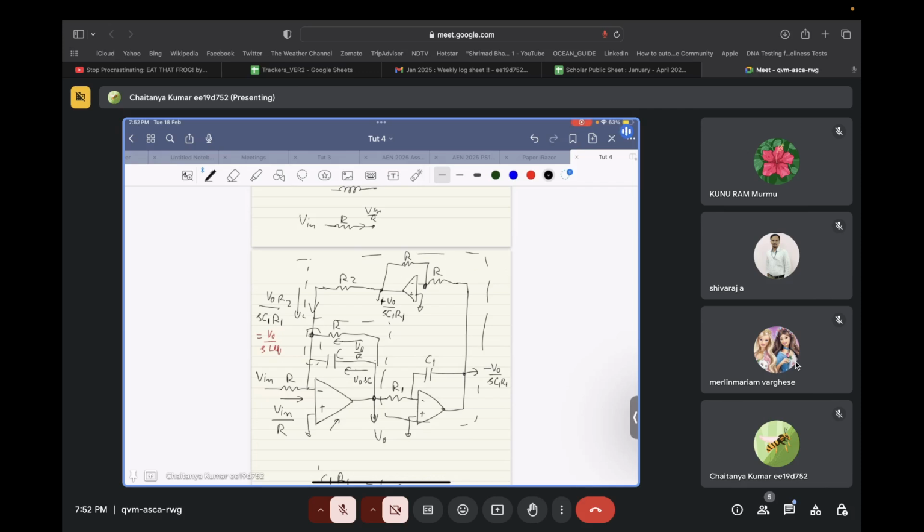But that is just the average current that you are going to get. It won't actually be Vin by R. Electrons won't flow completely in one direction. On an average they will be flowing in one direction and the average current will be Vin by R, but there will be some random motion, like some electron will collide with some other electron, and these kinds of things will happen.